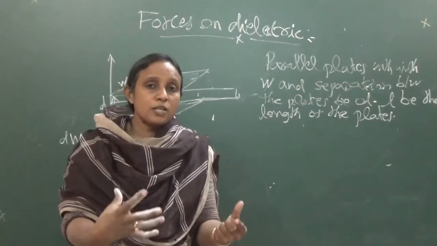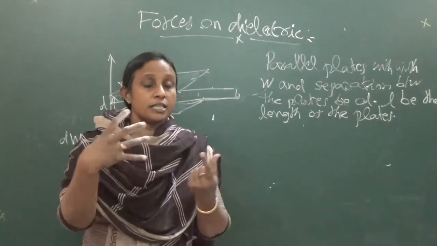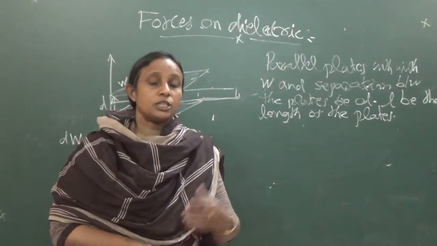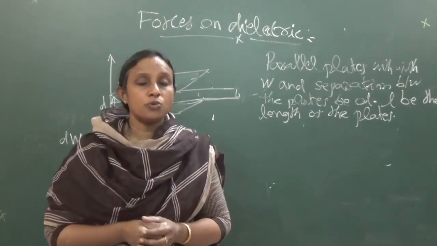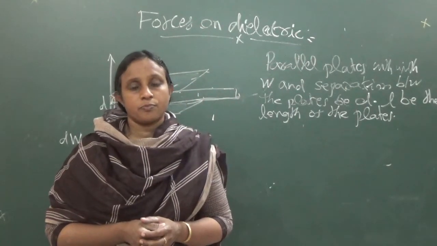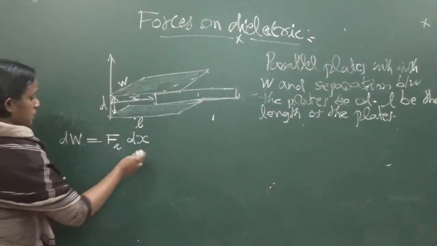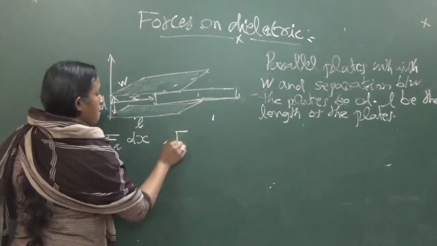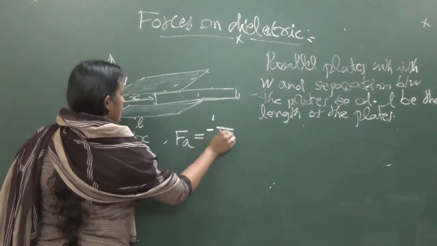If we apply a force equal to or greater than this amount, only then can we move this slab by an amount dx. That means this applied force Fa is equal to minus F.